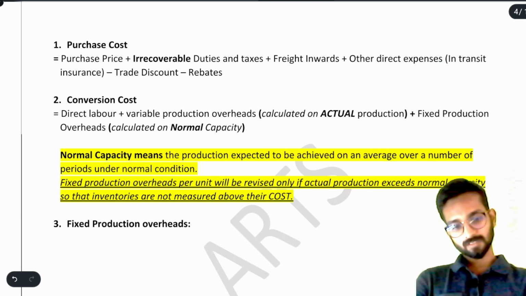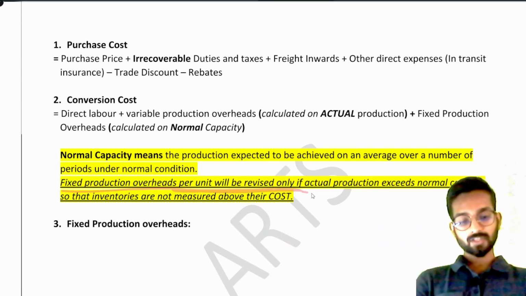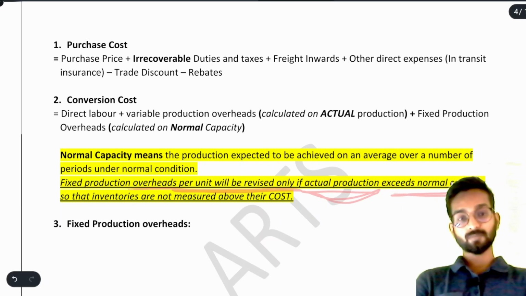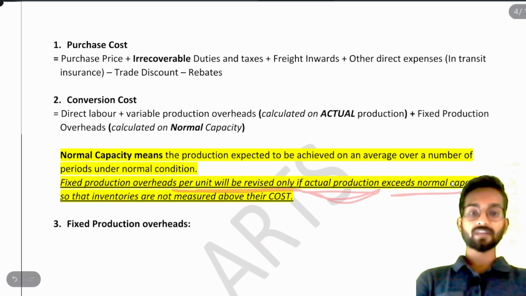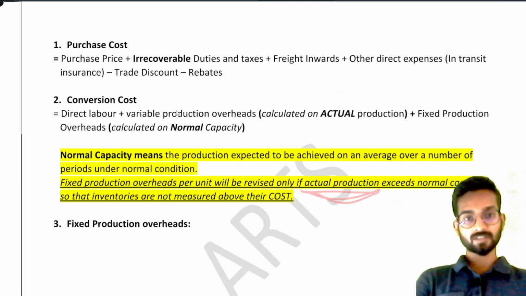Normal capacity means the production expected to be achieved on an average over a number of periods under normal conditions. Fixed production overhead per unit will be revised only if actual production exceeds normal capacity. Suppose sometimes, though it is very rare, actual production itself is more than normal capacity, say 420 shirts we are manufacturing, because it is possible that we are doing overtime.